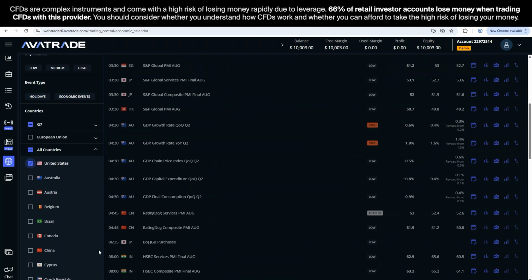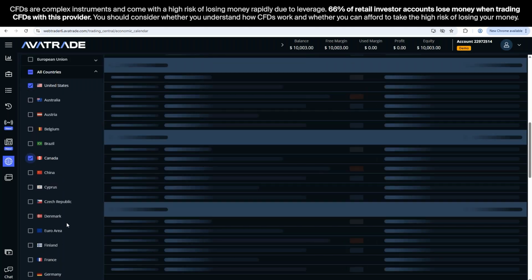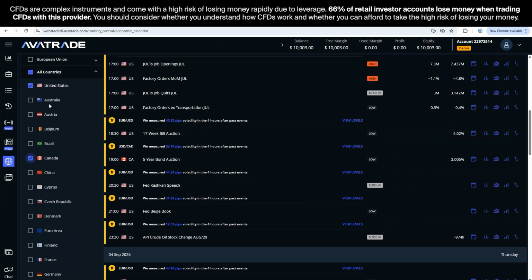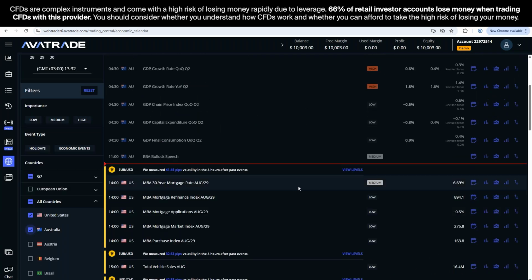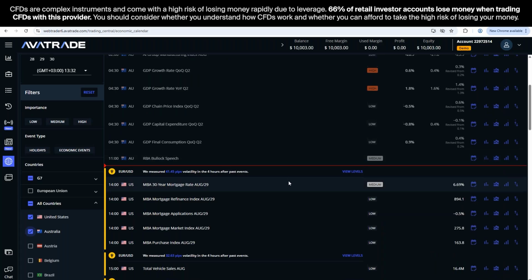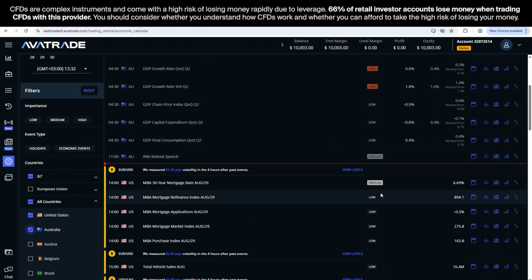I'm going to click on the US flag. I'm also going to click on the Canadian flag for the CAD, and on Australia for the Aussie. Now I've only got Canada, Australia, and the United States, and that's what I'm going to see.